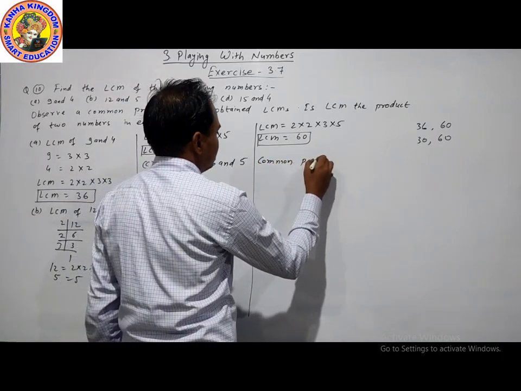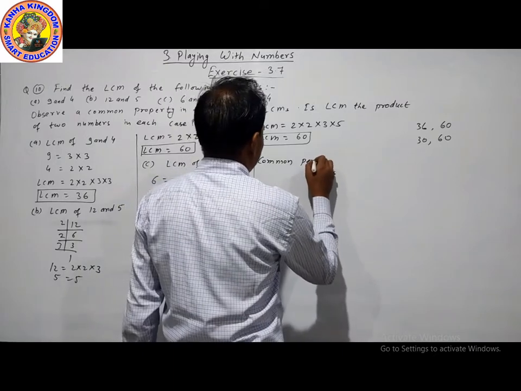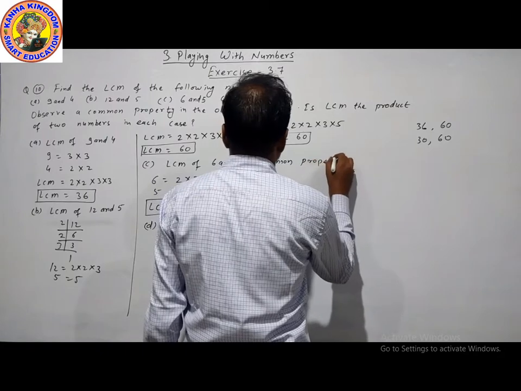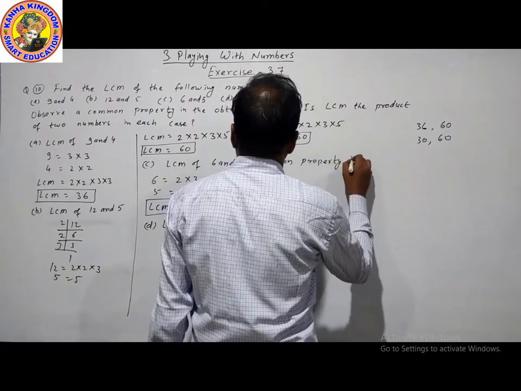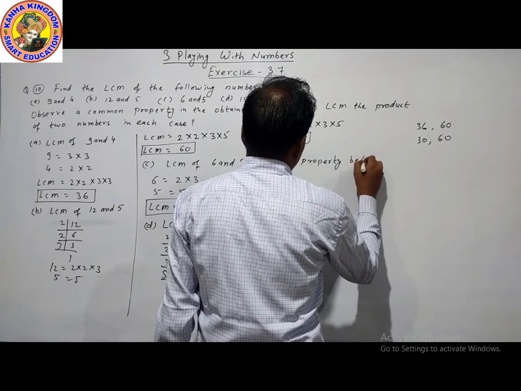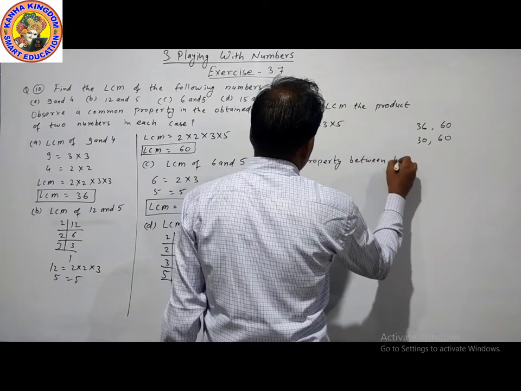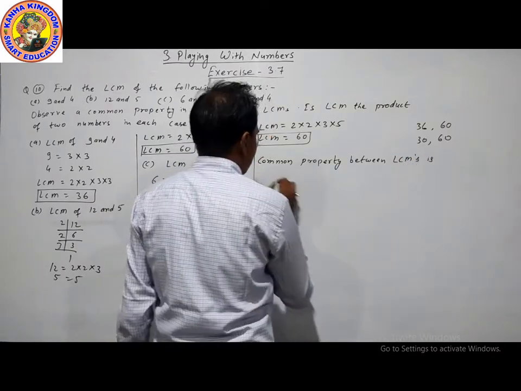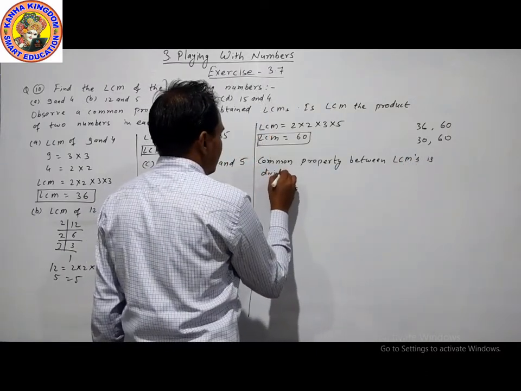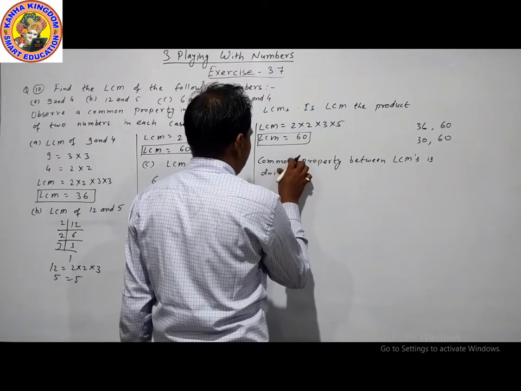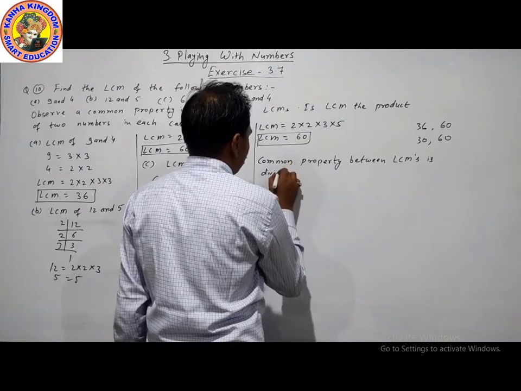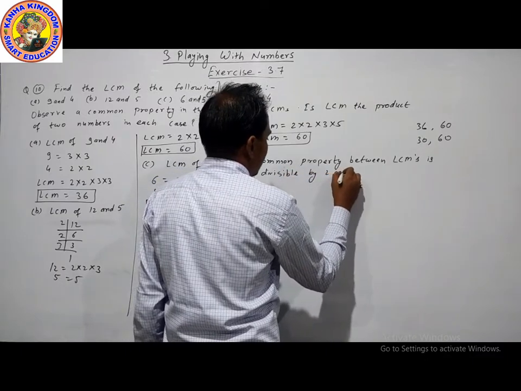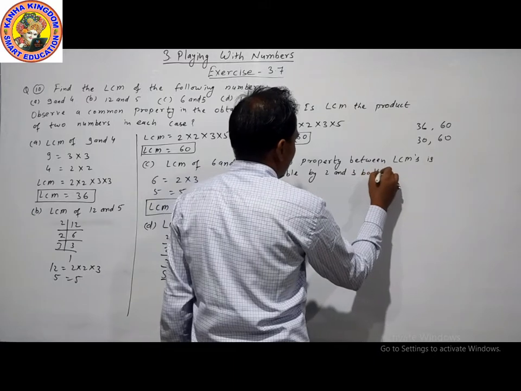Common property between LCMs is divisible by 2 and 3 both.